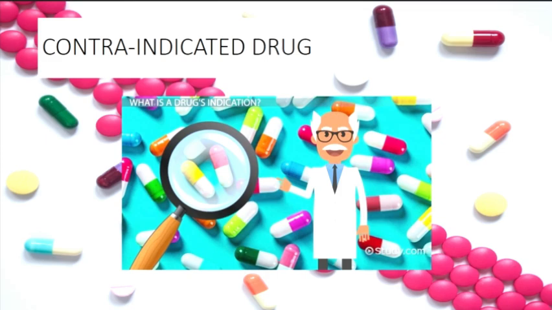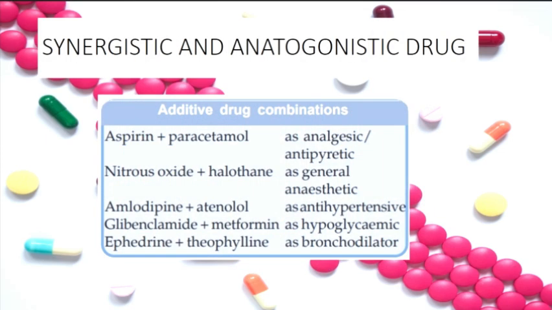Next are synergistic and antagonistic drugs. I have already mentioned paracetamol and aspirin, which combine to form an analgesic action, so this can be used. And with antagonism, some drugs oppose the actions of others. So if there is some poisoning, an opposing drug can be used.